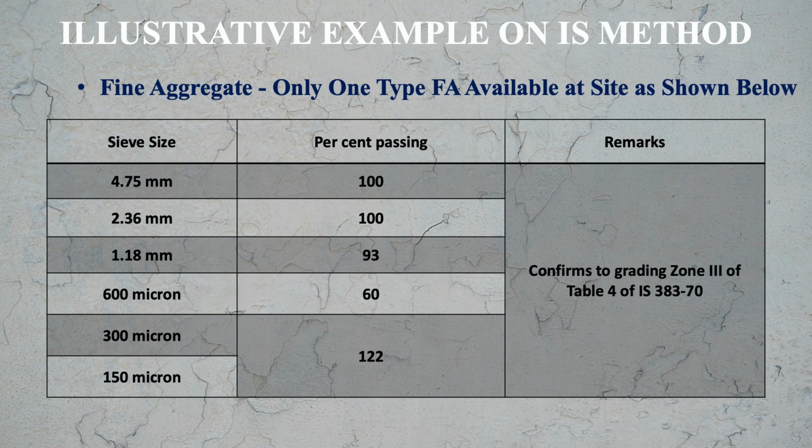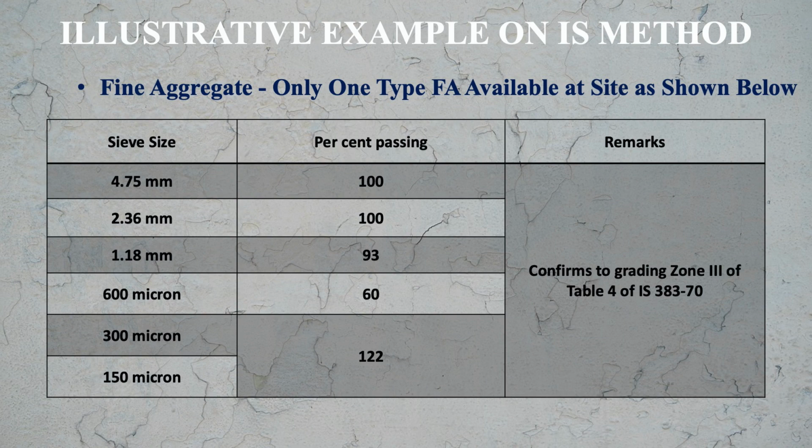For fine aggregate, only one type is available at site. For sieve size 4.75 mm, percentage passing is 100. For 2.36 mm, percentage passing is 100.